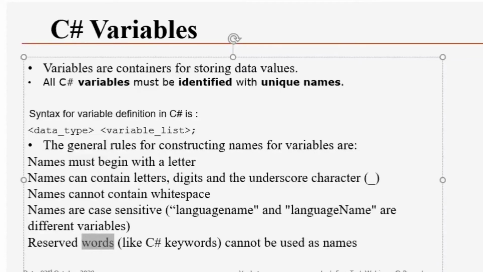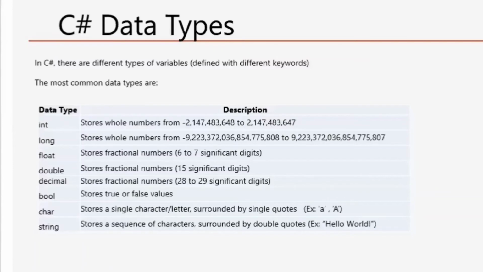That is the reason reserved words should not be used as variable names. The reserved words are whatever keywords are in the library. We will come to know the various keywords as we learn further about this language.